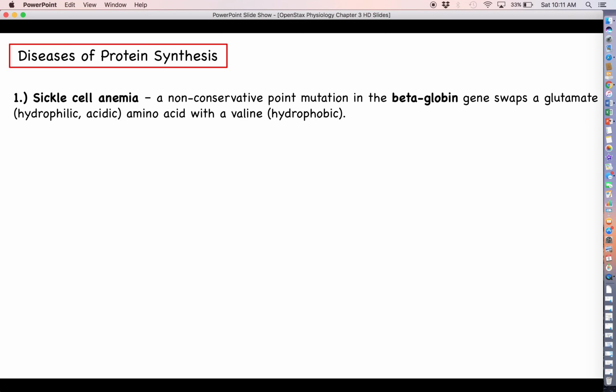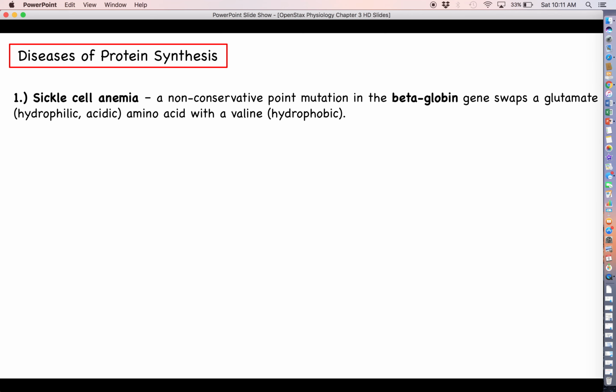Here are some examples in which mutations can cause certain diseases just because proteins did not get made correctly. A very prominent example is sickle cell anemia. This is an example of a point mutation, a non-conservative point mutation, a missense mutation in a gene called beta globin. Beta globin is one of the proteins that makes up hemoglobin.